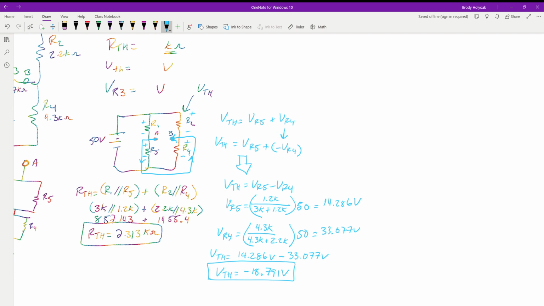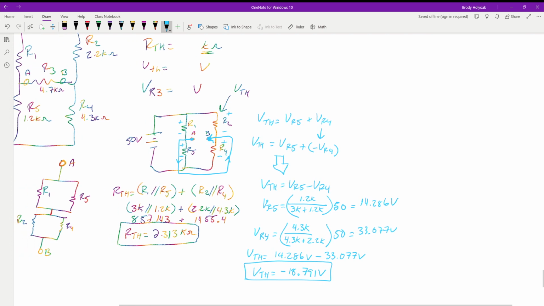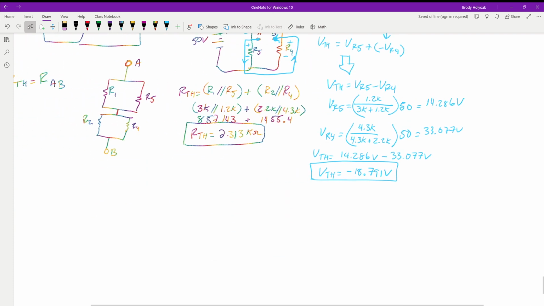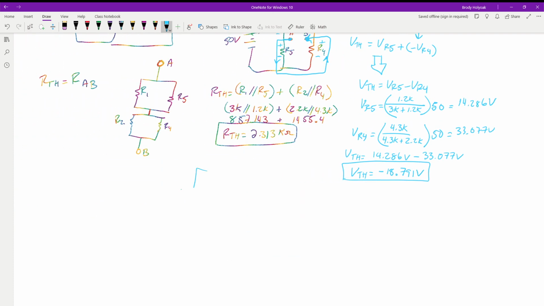So this is where the polarity becomes very, very important. Our V Thevenin, like we said, is a negative voltage. What that's going to do is change our Thevenin circuit from looking like this, with our load, and it's going to turn into this. There's our R Thevenin, and then we have our negative to positive.